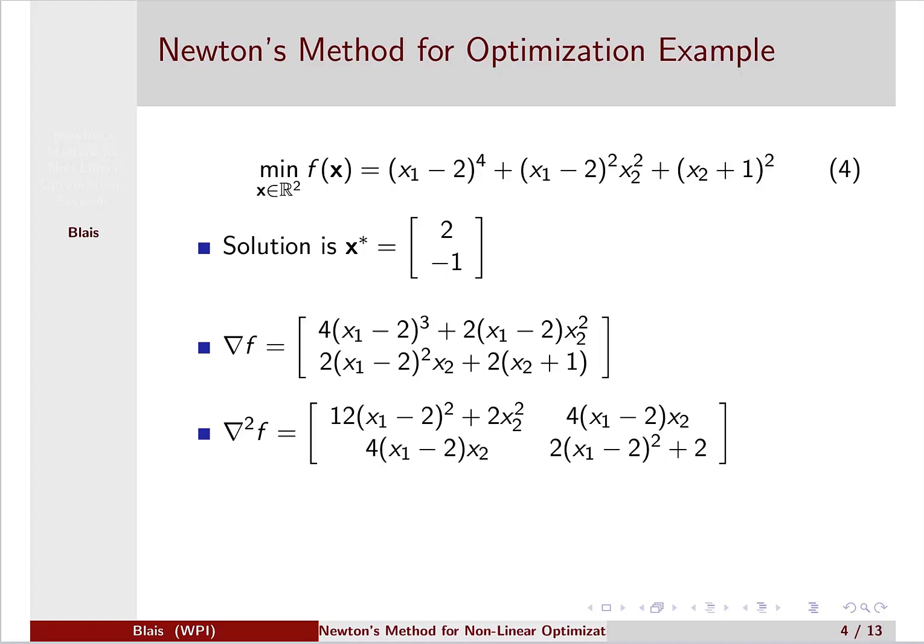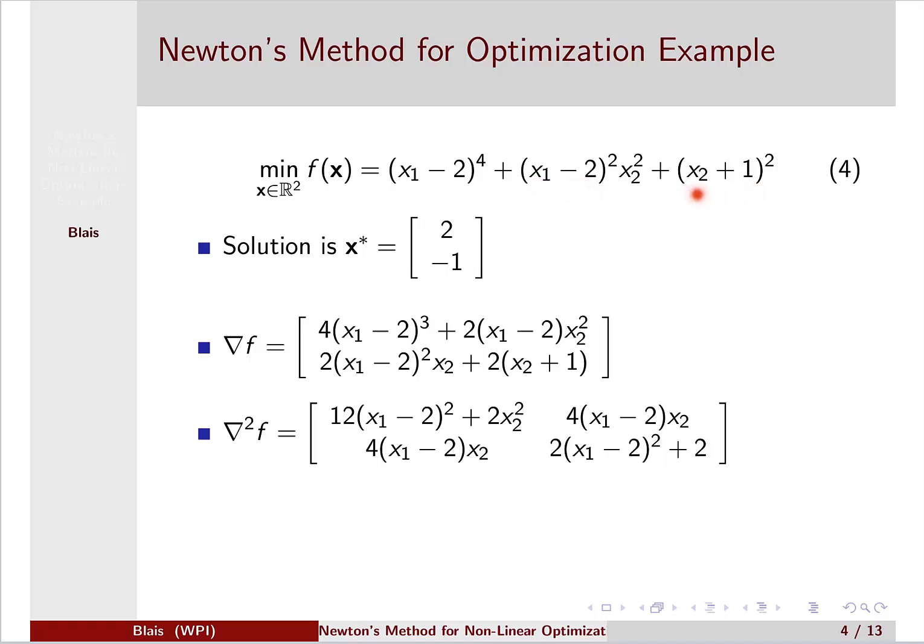So we take our example and we note from observation that the global solution is (2, -1). We can see that by looking at each of these three terms. For (x1 - 2)^4, the smallest this can be is 0, which happens at x1 = 2. For (x1 - 2)^2 x2^2, the smallest this can be is 0 when x1 is equal to 2, or if x2 is equal to 0, but we notice that x1 being 2 works.